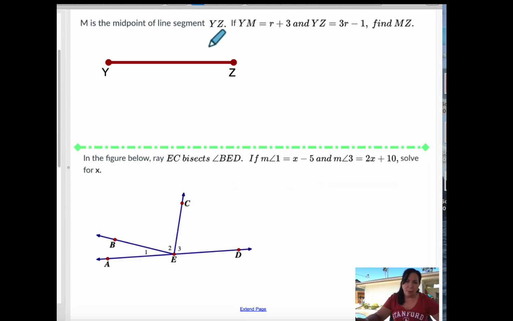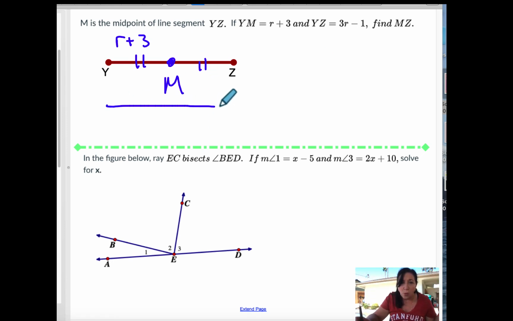M is the midpoint of YZ. So here's M. I'm just going to put that in there. Remember, a midpoint divides segments into two equal parts. So if M is the midpoint and YM is R plus 3, so we're going to call this R plus 3, and YZ, that's this whole length, is 3R minus 1.